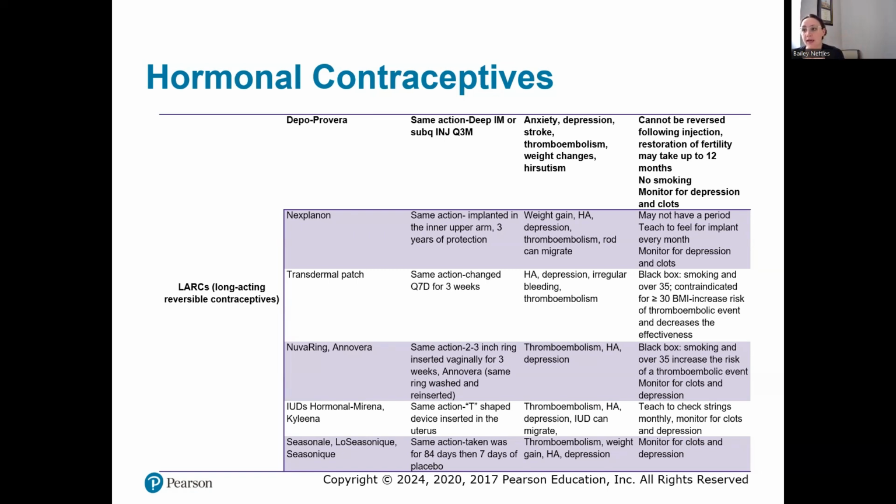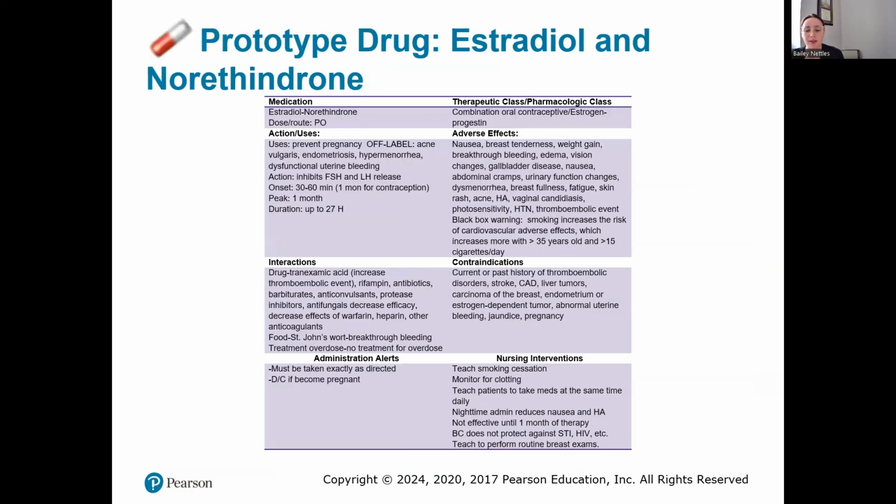So the estradiol and norethindrone, okay? This is a PO pill, as most of the oral contraceptives are. They prevent pregnancy. They can also be used to help clear up acne. They're for endometriosis, hypermenorrhea, which is when you have more bleeding than normal, and then dysfunctional uterine bleeding.